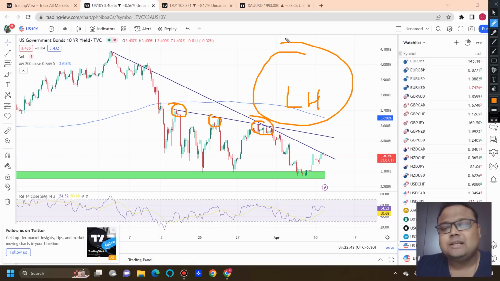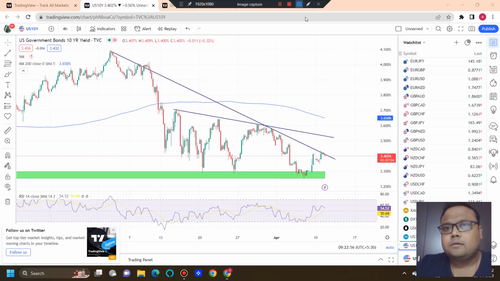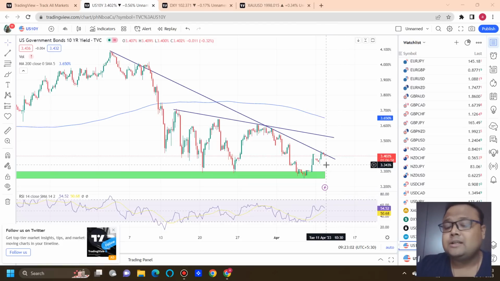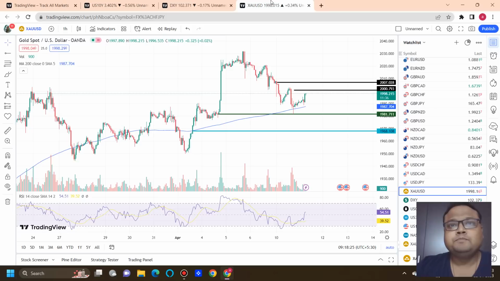Lower highs usually signify an increase in the number of sellers or the buyers losing their strength. So there is a possibility that we may see some downside during the day on the chart of US government bonds. And if it shows downside, then obviously we will see some upside on the chart of gold.